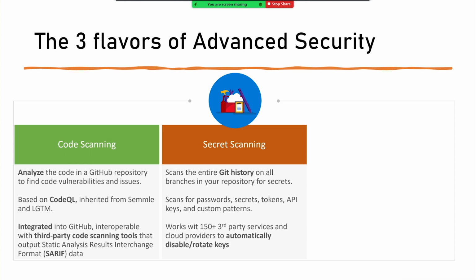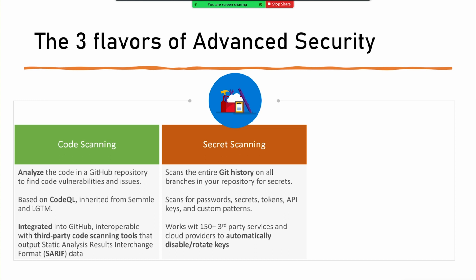And the very, very cool thing, and we'll see an example of this in the demo, is that this works with, and there's a typo in the slide I just noticed, more than 150 service providers and cloud providers of all kinds. What it does is it's able to recognize your secrets and API keys, for example, based on patterns that these third-party service providers give to GitHub. And if anything like that is found, GitHub will send a notification to the service provider and say, okay, we have found this API key in this repo.